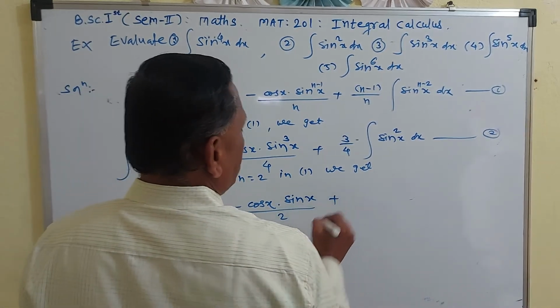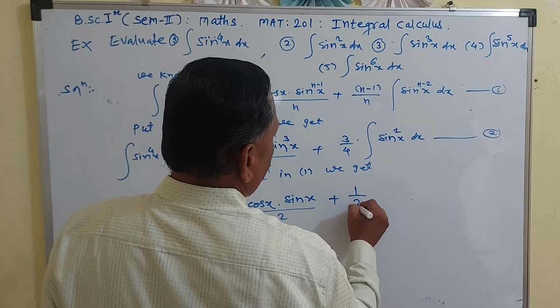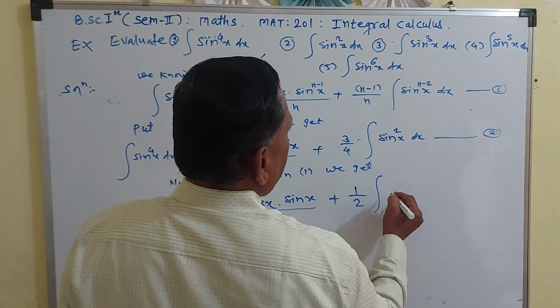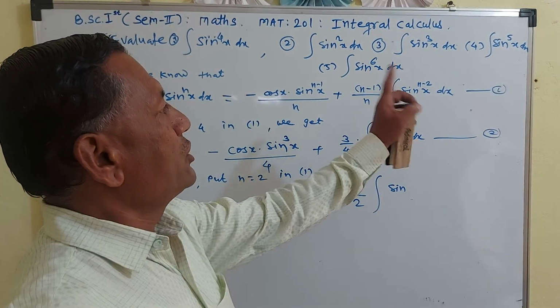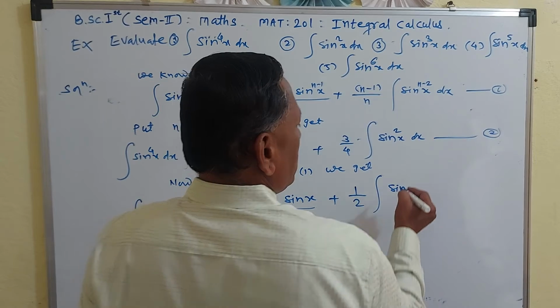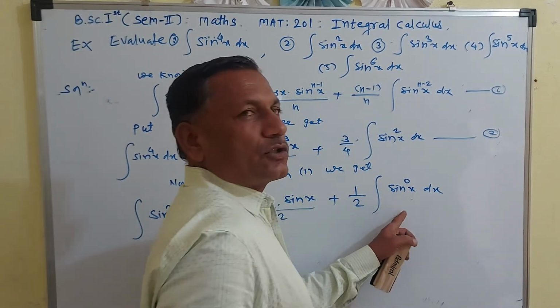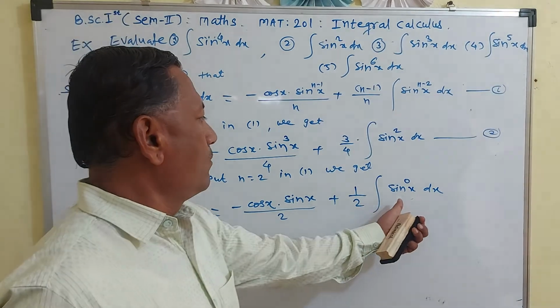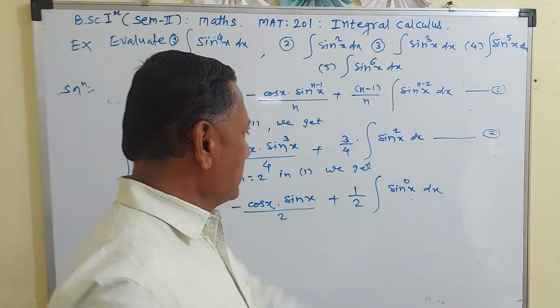Then plus (2-1) upon 2, that is 1 upon 2, into sin^(2-2) x dx, that is sin^0 x dx. Sin^0 x means 1, integration of 1 dx is x.